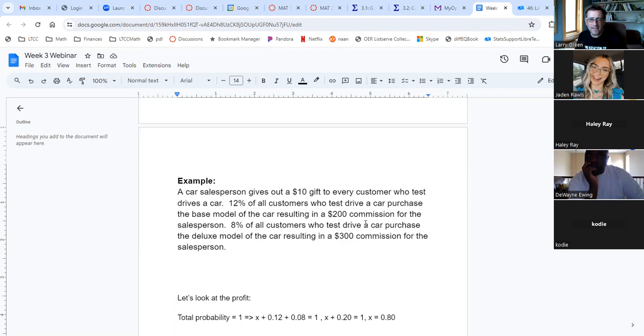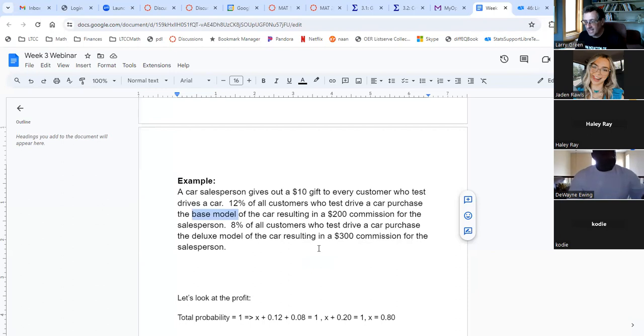So one thing is if the customer purchases the base model, what's the salesperson's profit? If you can tell me, put in the chat box what the profit you think is. Good, good.